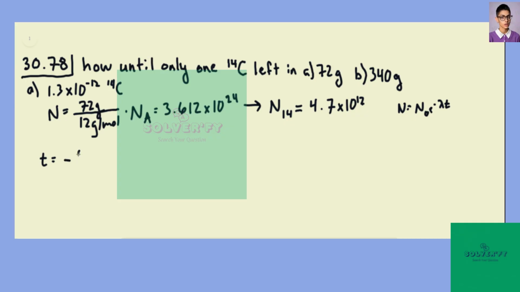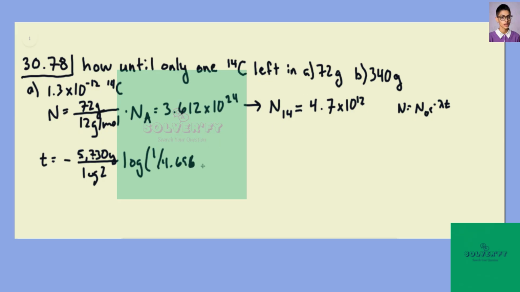So it's going to be 5,730 years divided by the log of 2, times the log of 1, the number we want to end up with, divided by 4.695, etc., which rounds to 6.